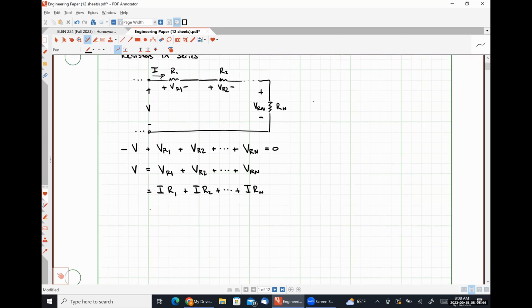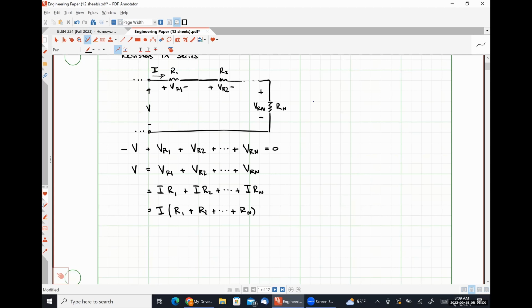And I can pretty easily factor out I such that I'll just have I times R1 plus R2 all the way out to R sub n.